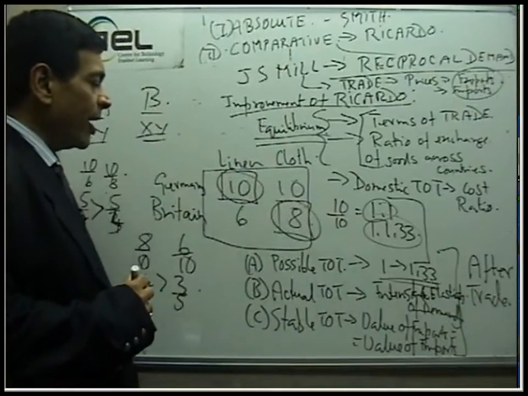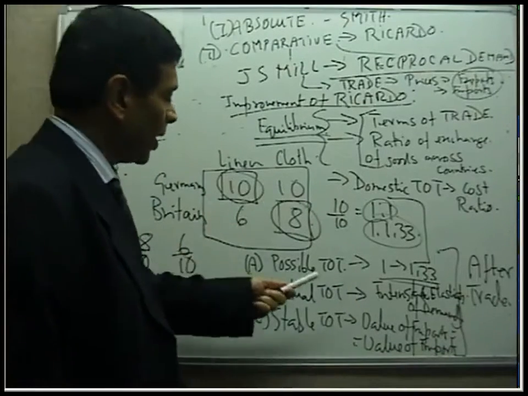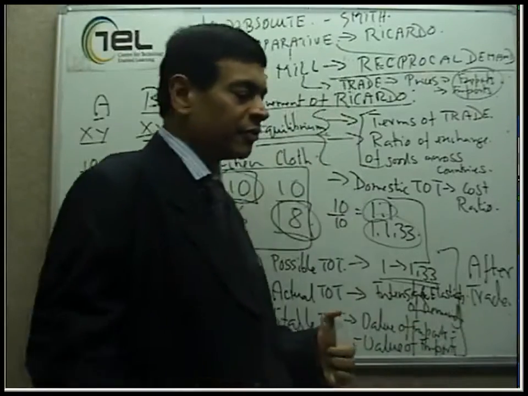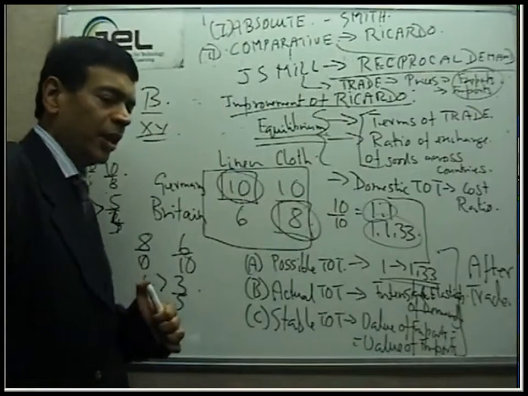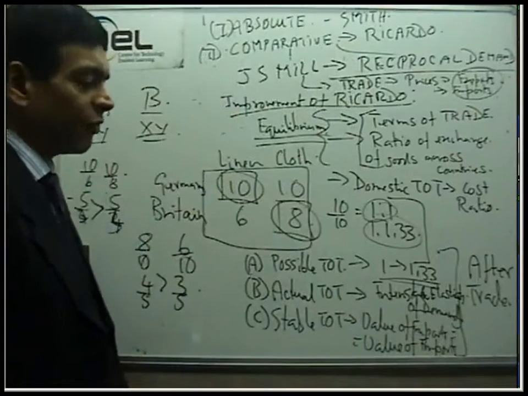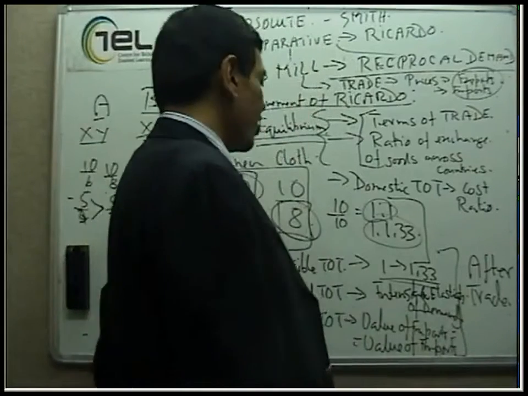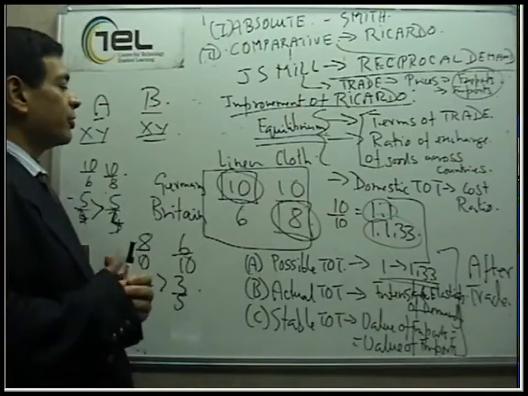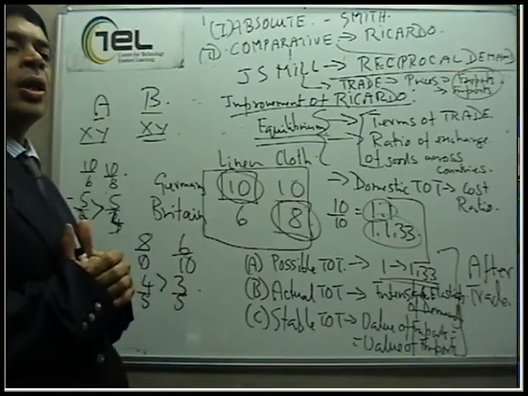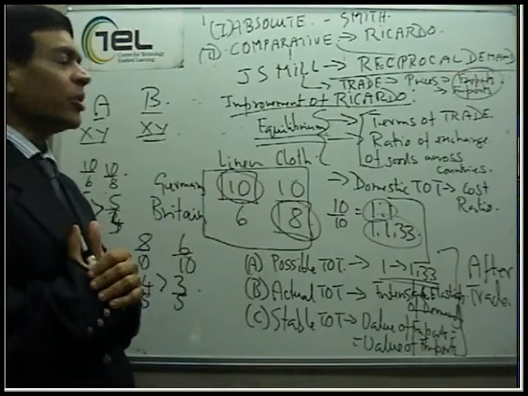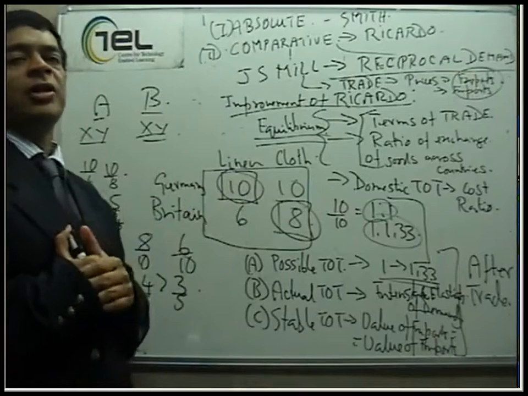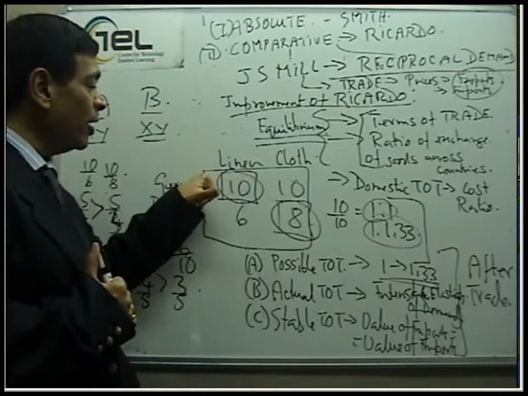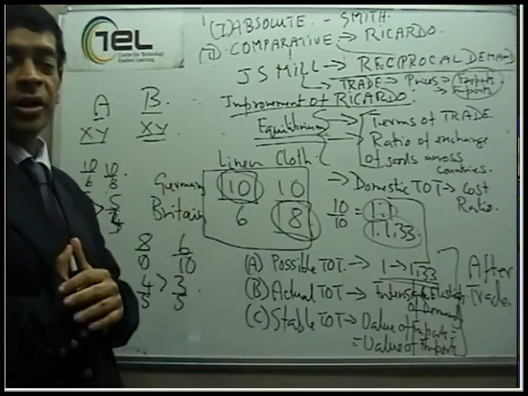Now, going by this, let's take a small example as regards the intensity of demand and the gains from trade. Suppose Germany has a very intense demand for cloth. So, it demands cloth from Britain in exchange for its linen. As I told you, Germany will export linen, Britain will export cloth, and Germany will import the cloth.